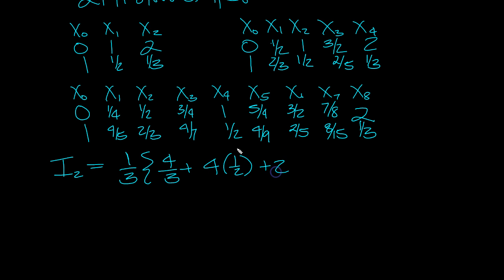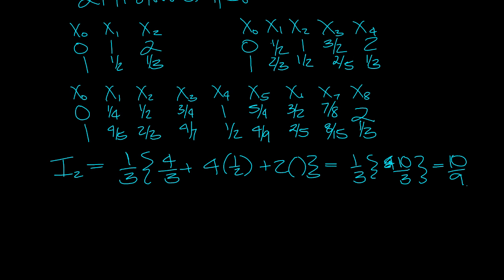Plus 2 times any evens in between, and there aren't any, because that was y1, wasn't it, here? What do we get then? So we get 1/3 of 4/3 plus 2. This is 2, 6/3, 10/3. 10 over 3. So we end up with 10 over 9.